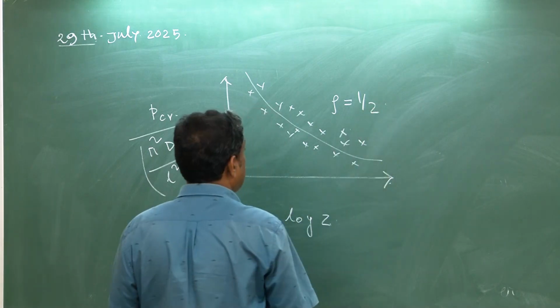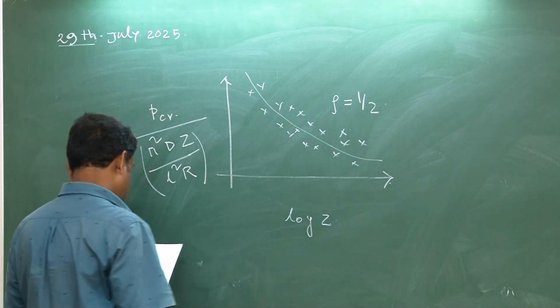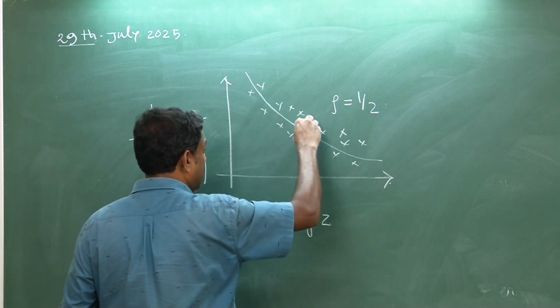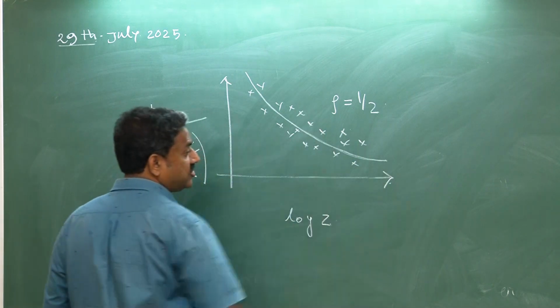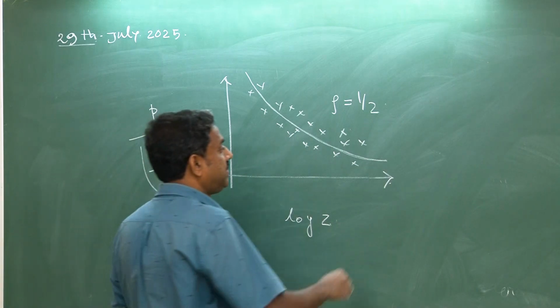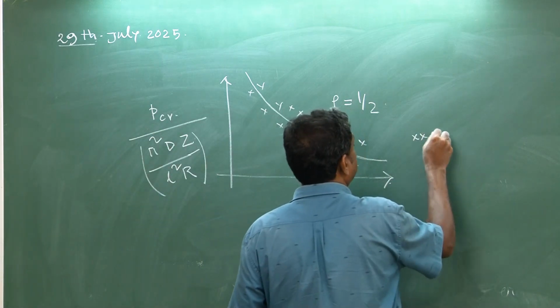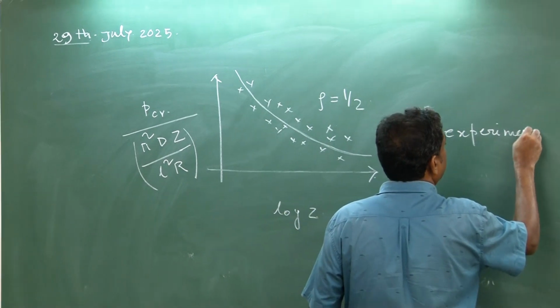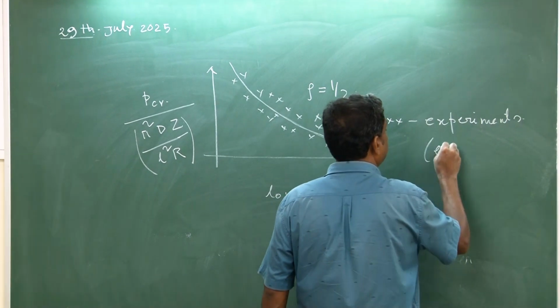Here you see that this solution is given by Donnell's, and all this data is coming from experiments. These experiments were conducted by Goddard.